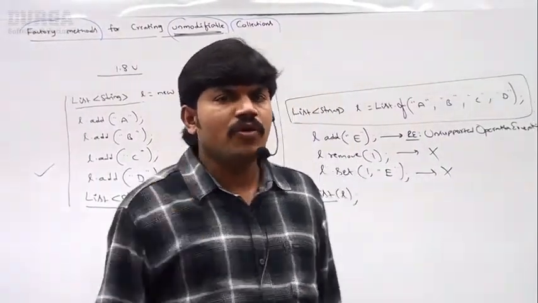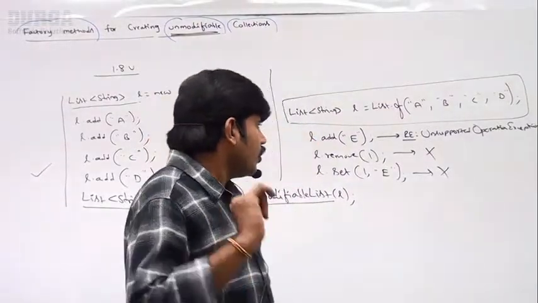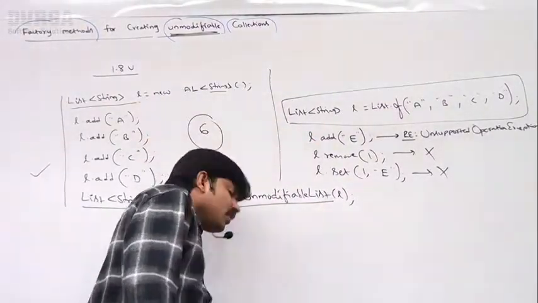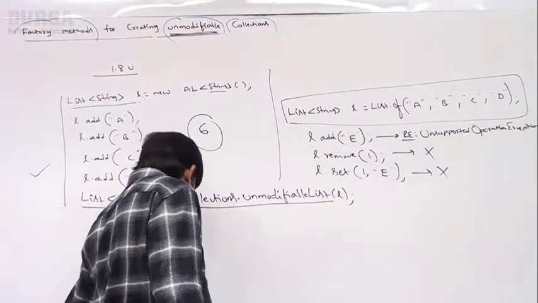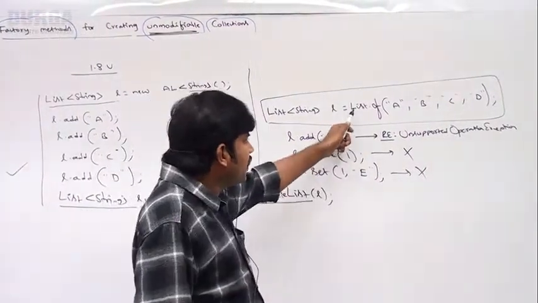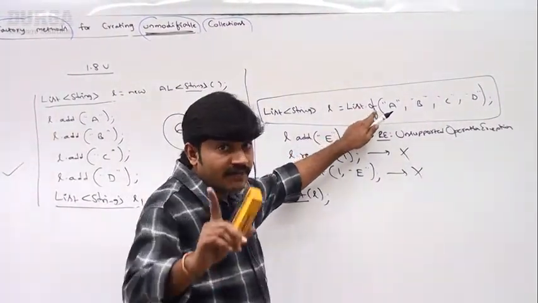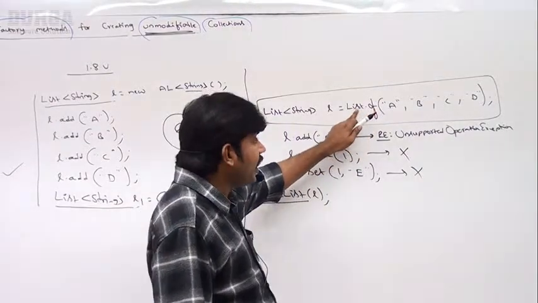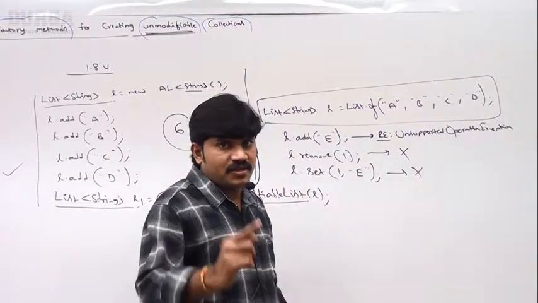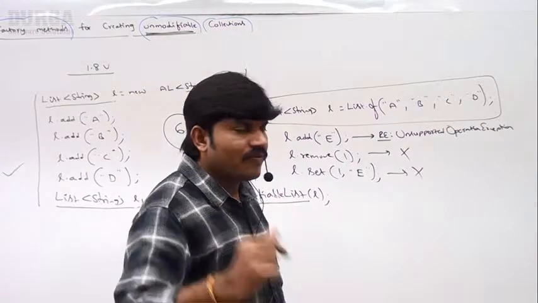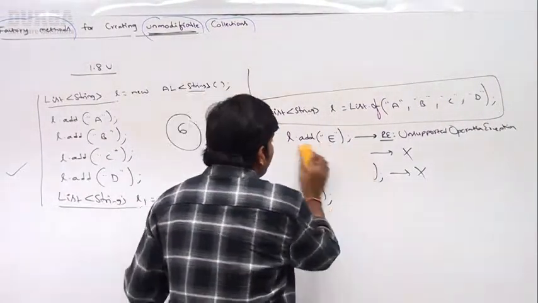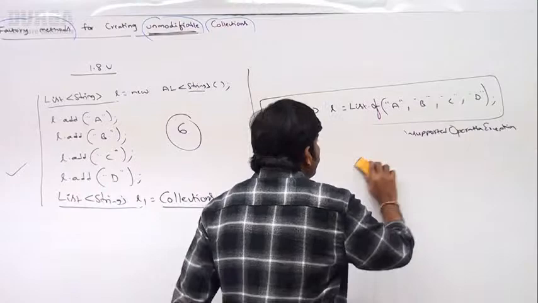Okay, sir, one more important point you people should be aware of. While using this factory method, List.of, I already covered what the meaning of a factory method is. By using this factory method, one more small thing is there. What is that? The elements should not be null.